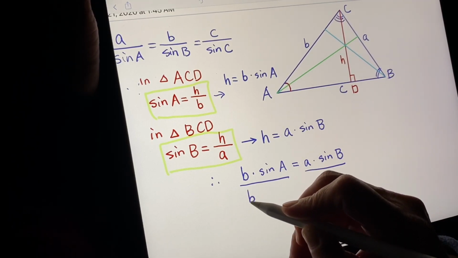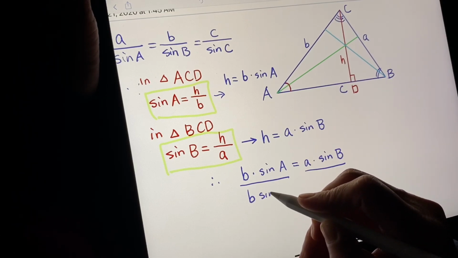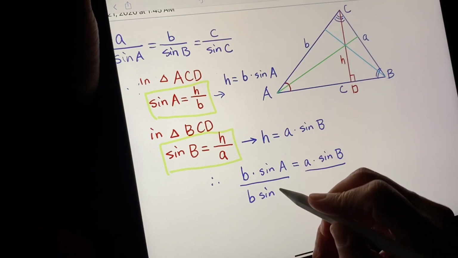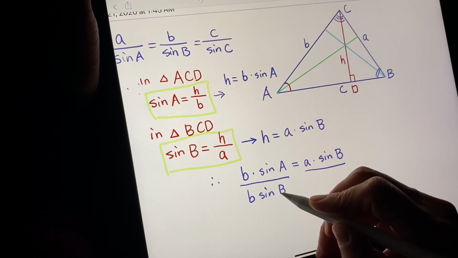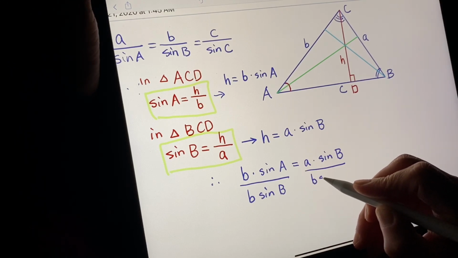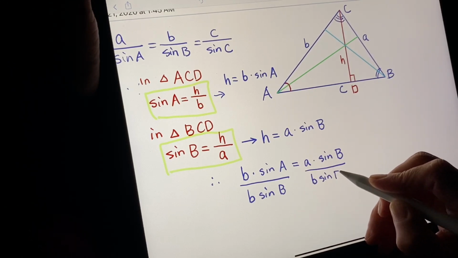Divide by b sine B. This one, divide by b sine B.